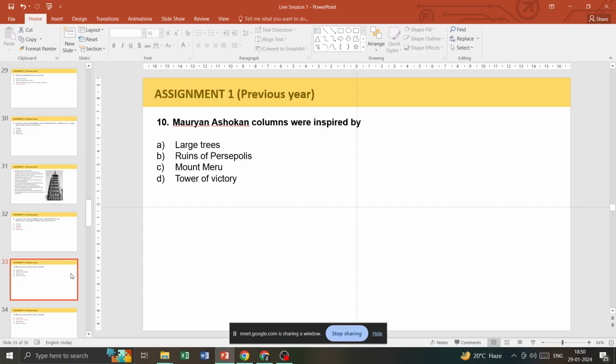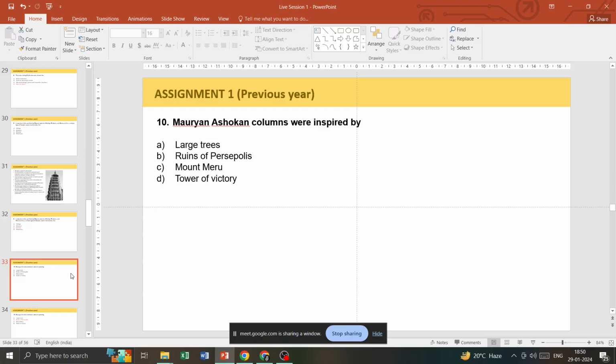So this is the last, 10th question for the verbal MCQ questions with no visuals. Mauryan Ashokan columns were inspired by large trees, ruins of Persepolis, Mount Meru, or Tower of Victory.